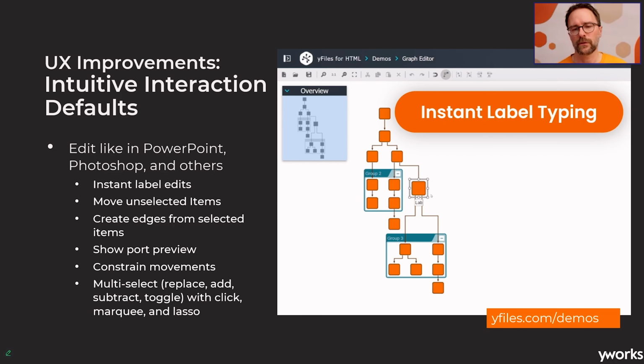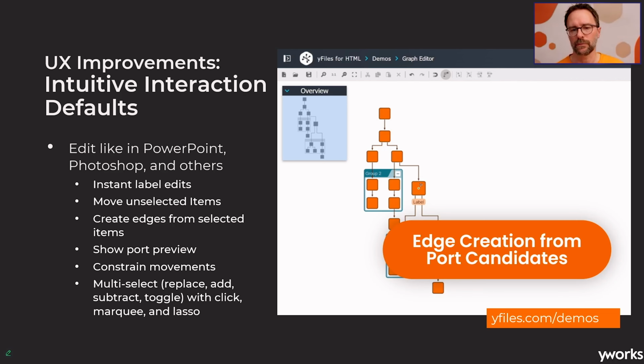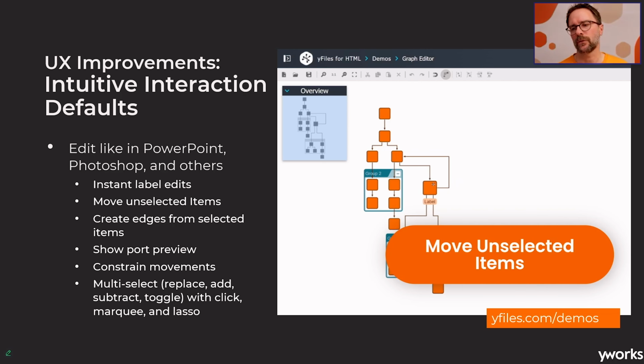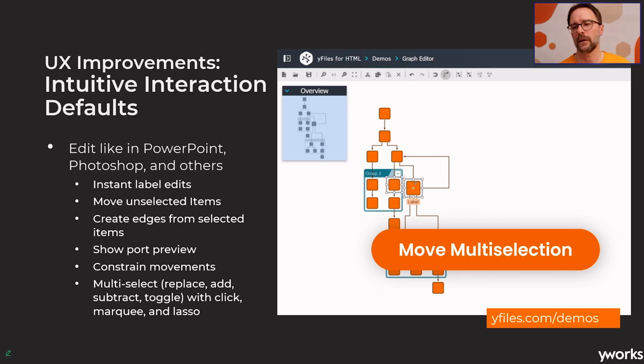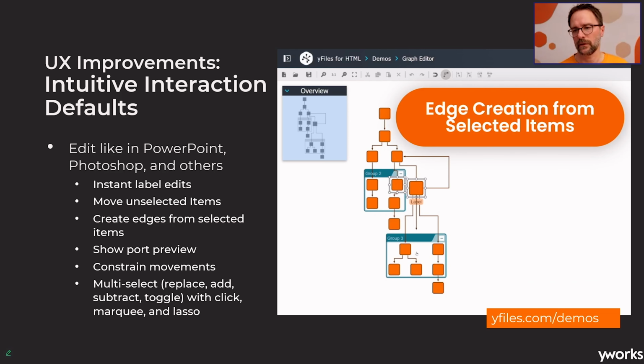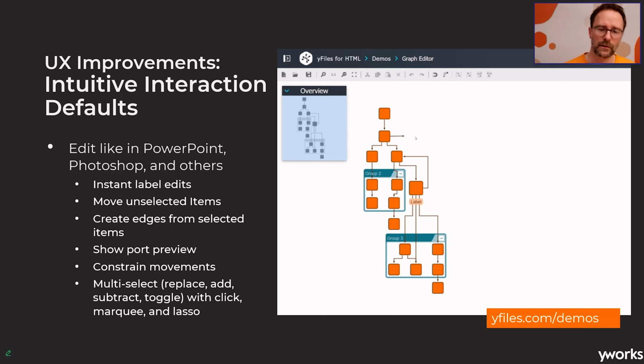Now you can do things like instantly edit labels just by starting to type. You don't have to hit F2. You can start edge creation right from selected and unselected nodes, and you can start dragging nodes immediately without first having to select them if you want a single selection. You can also directly create edges without first having to deselect a node, and so on.